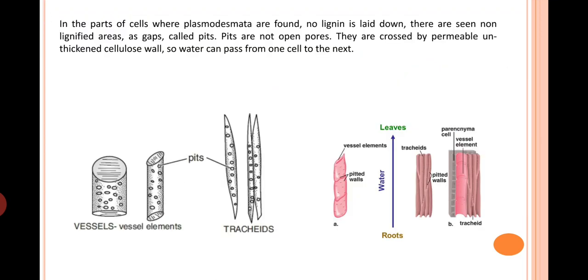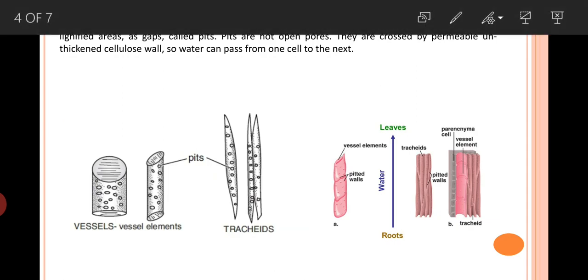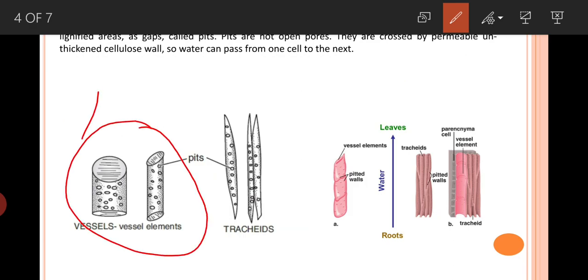So I mentioned the pits before. The pits are parts where plasmodesmata are found and no lignin is laid down. We mentioned that the tracheids or vessel elements were covered with lignin.